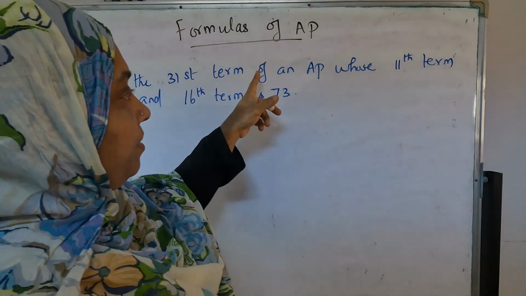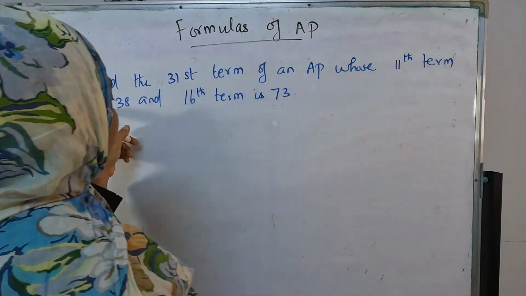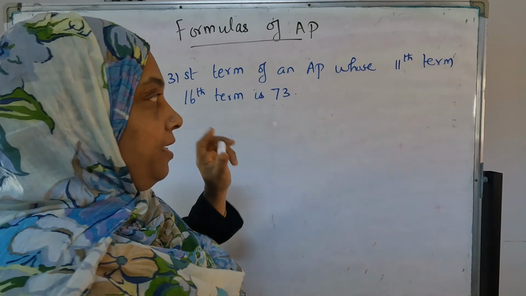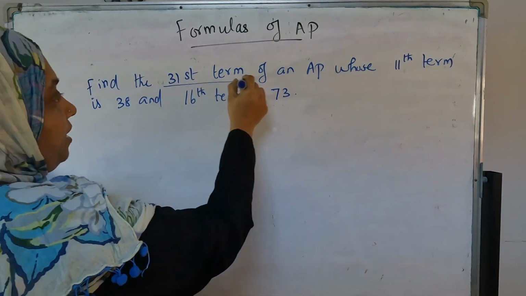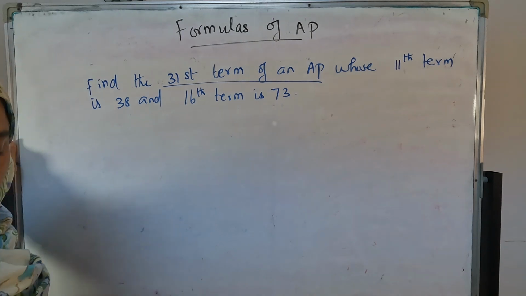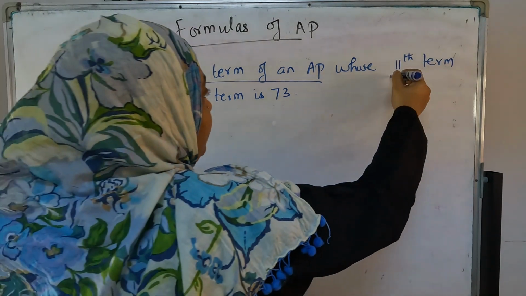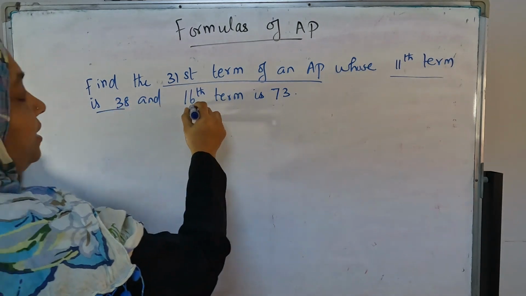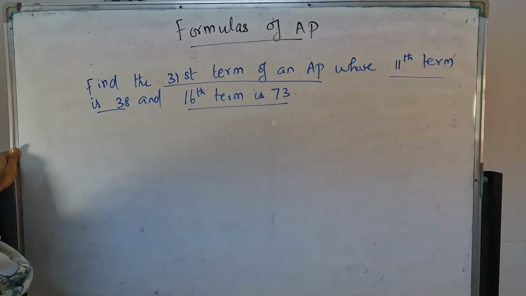Find the 31st term of an AP whose 11th term is 38 and 16th term is 73. So they are asking us to find the 31st term of this AP, whose 11th term is 38 and 16th term is 73.